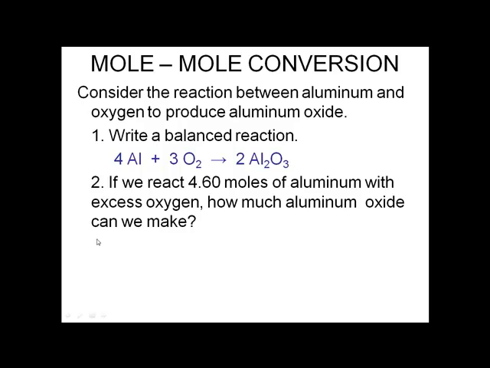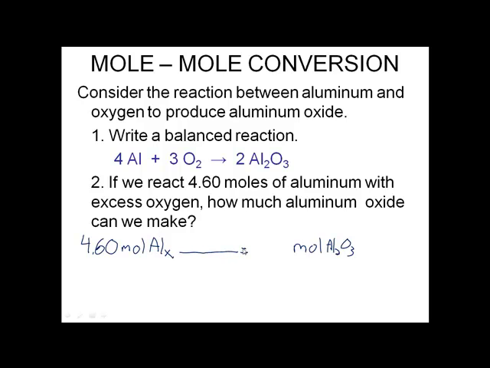So we're going to start with 4.60 moles of aluminum. Now let's just think about units here. We have moles of aluminum. We want to finish up with moles of aluminum oxide, Al2O3. I know I need a conversion factor because we just said stoichiometry deals with conversions.